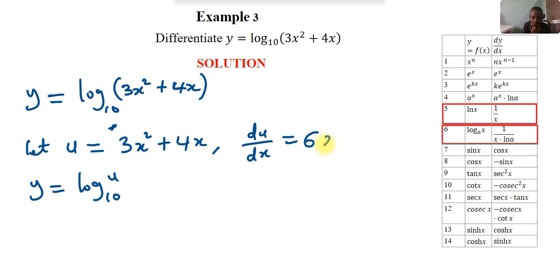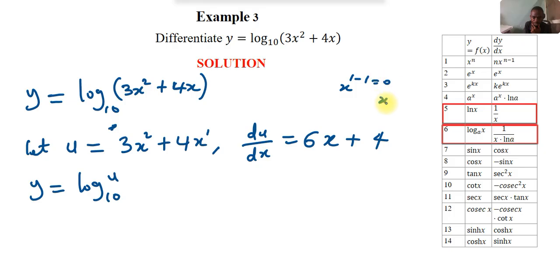Then you have x. The 2 that you have here, remove one from it. That is x raised to the power 1. So you have plus 4, because this is raised to the power 1, and 1 times 4 remains 4. Then you have x raised to the power 0 because 1 minus 1 gives us 0.